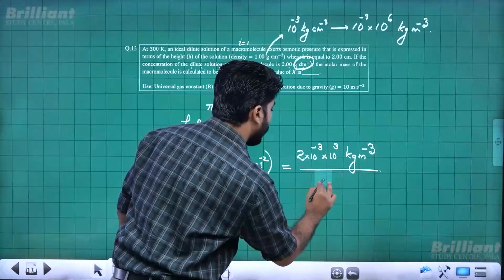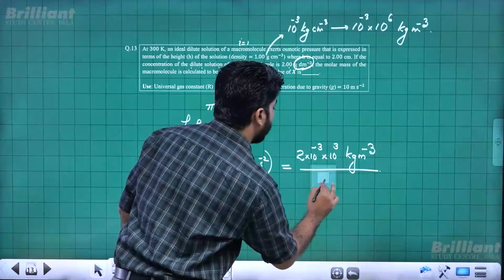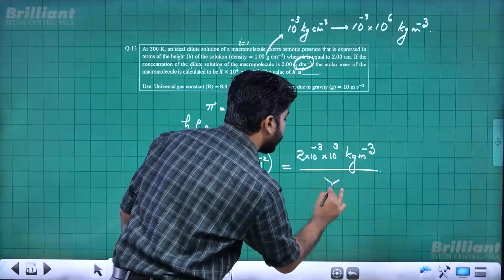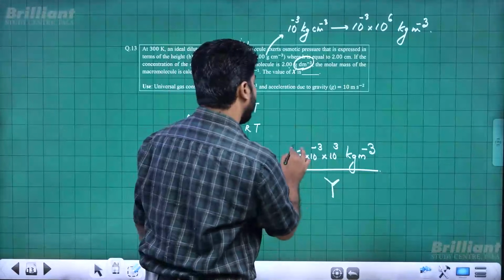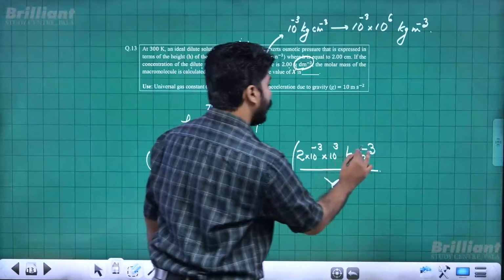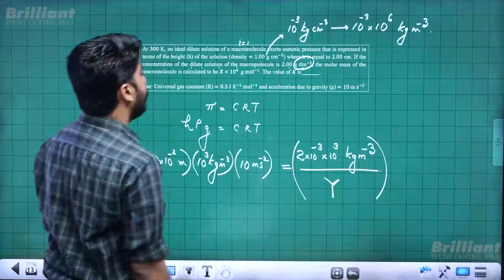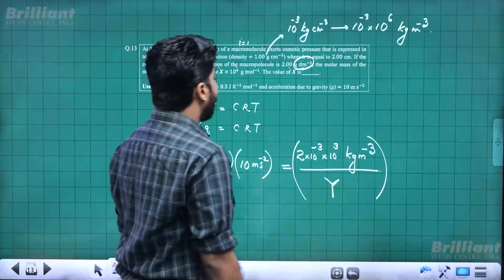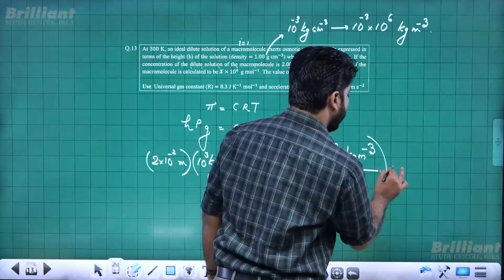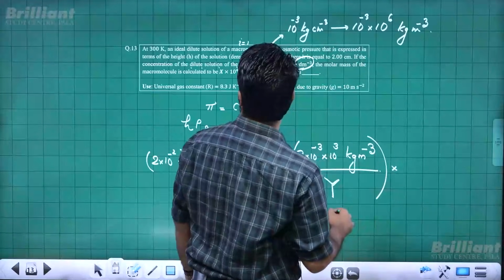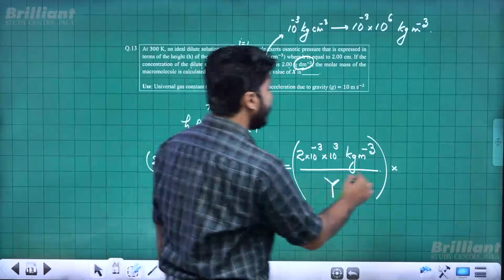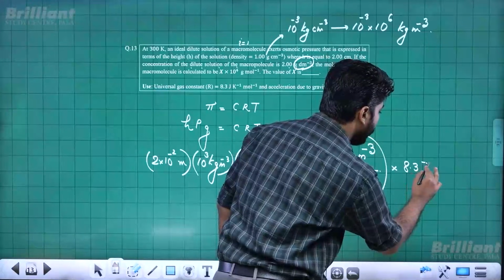Let's put molar mass as Y. Overall this will have mole per volume unit. So that is the C factor. Now this times R. R is already given in the SI unit, so 8.3 joule per Kelvin per mole.